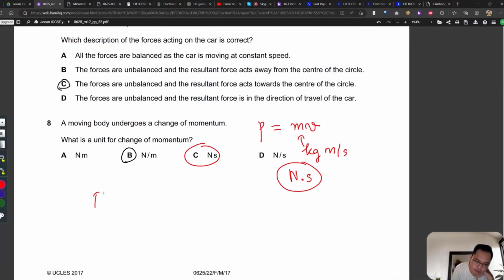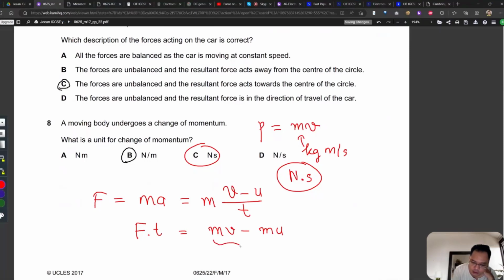Normally we can start from Newton's second law, F equals ma. a is the final velocity minus the initial velocity, over the time. And then multiply both sides of the equation by the time. F multiplied by time equals mv minus mu. Is that a correct expression?